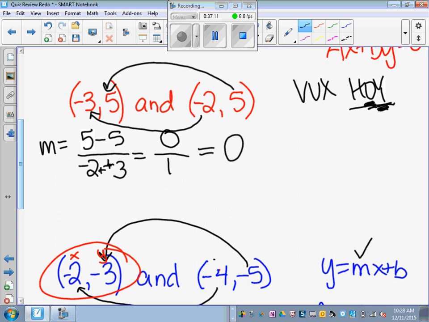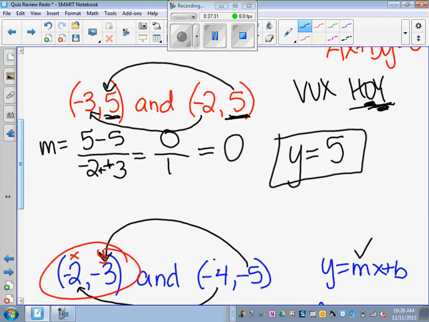Just like the last problem, but now we have a y equals. What is my y value? You'll notice again your y values are the same, which is what gave us that slope of 0. So y equals 5.